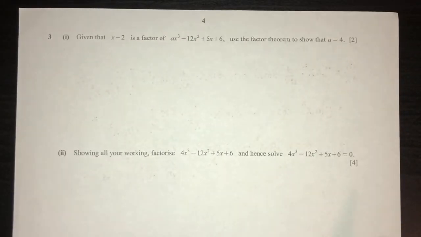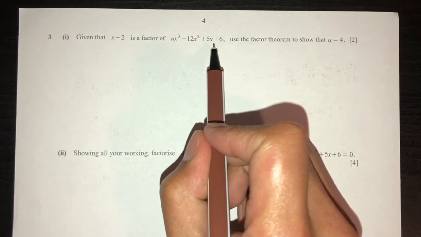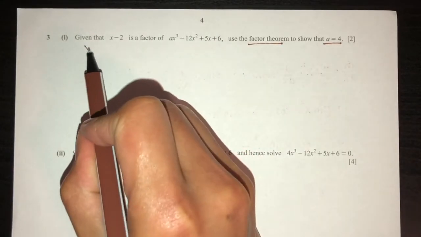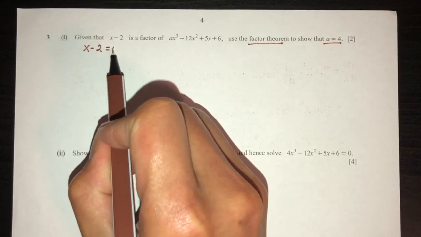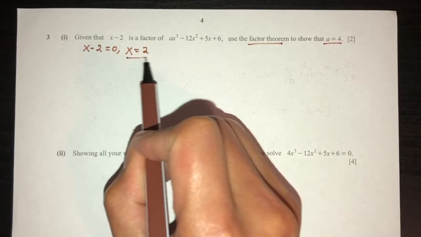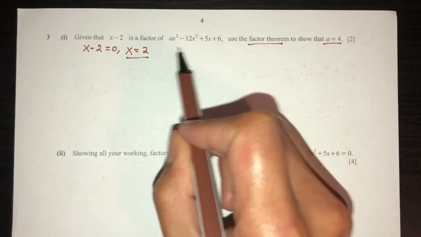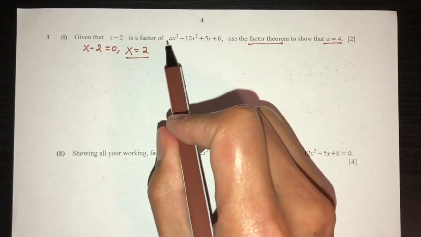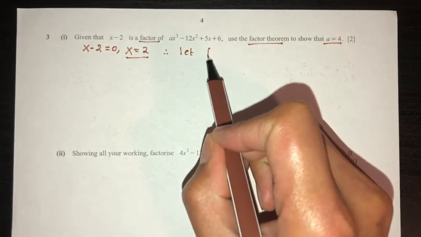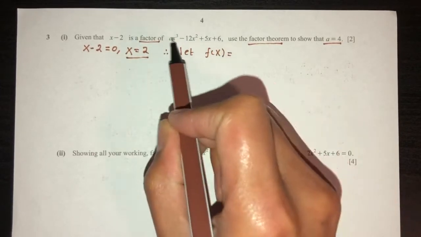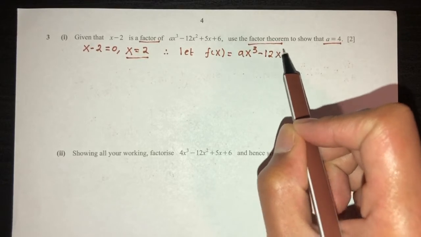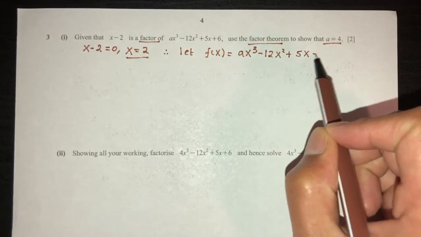Now question number 3, we are given that x minus 2 is a factor of this, use the factor theorem to show that this. Pretty easy. So let's find the value of x. We have to equate to 0, so x is equal to 2. Now for x equal to 2, this basically becomes 0 because it is a factor. So let f of x be this expression, ax cubed minus 12x squared plus 5x plus 6.